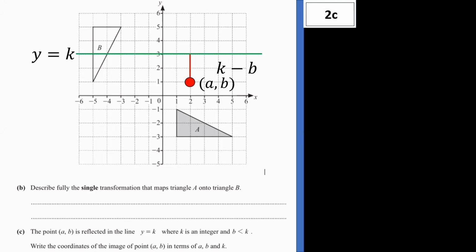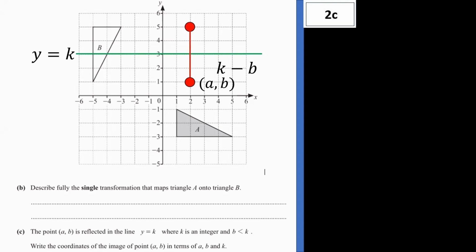And now we reflect. How do we reflect? It means that the red point, if it is reflected using the green line, the line y equals k as our mirror line, is going to be reflected over by the same distance. And so we take the reflected point above.